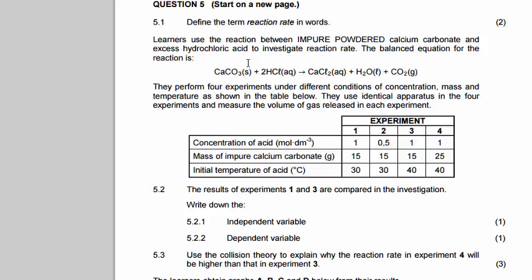Define the term reaction rate in words. Whenever you see rate, you'll see there's 2 marks. Whenever you see rate, you can always use per second or per time unit. Whether it's per second or just be safe and use per time unit.